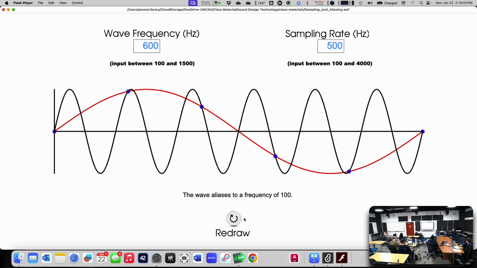Now, 44,100 is the standard sampling rate for consumer digital audio, listening to things on your phone and stuff like that. The professional sampling rate standard is 48,000. So when you work on a film, for example, it's going to be 48 kilohertz sampling rate.